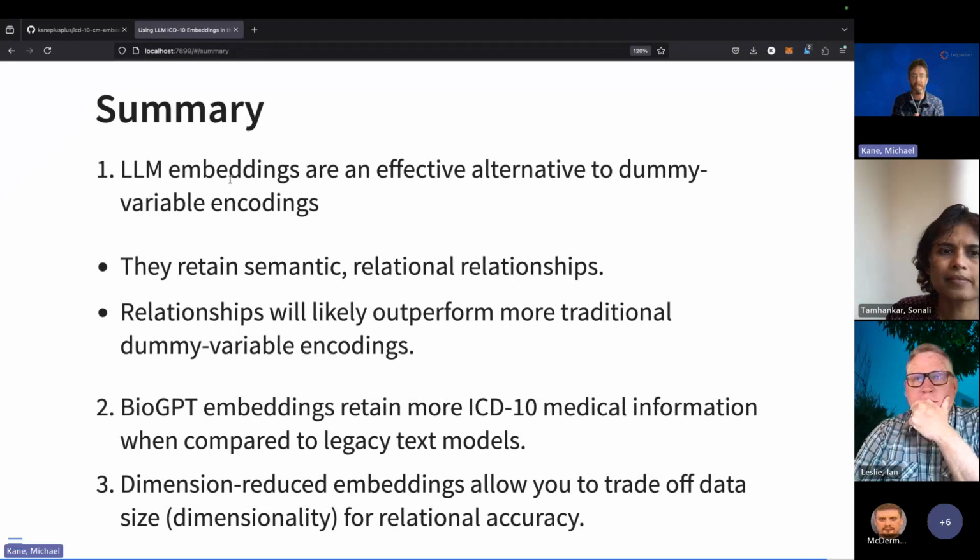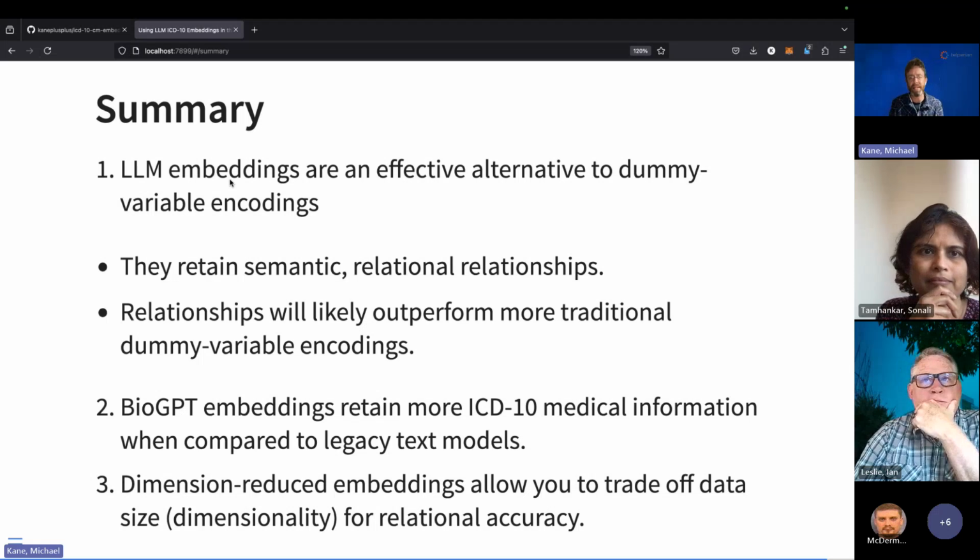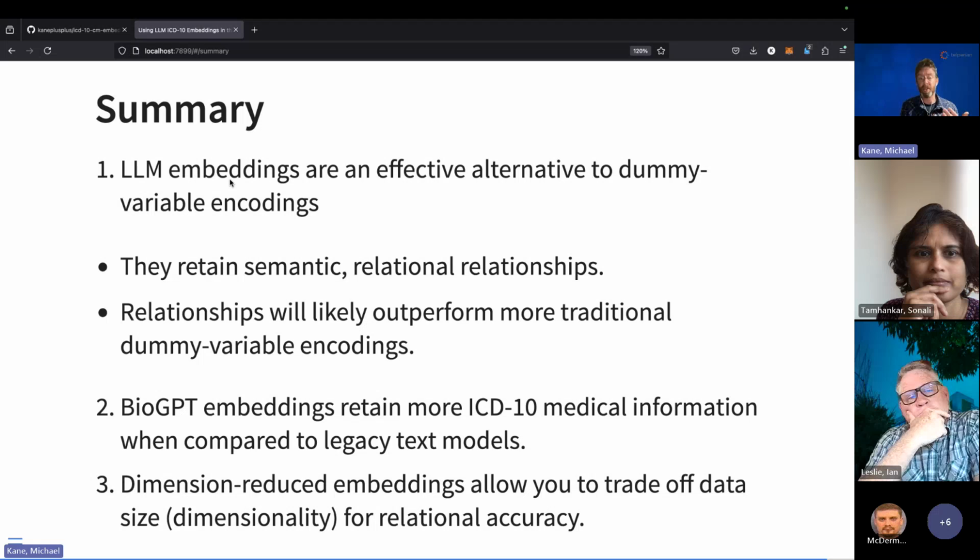So as a summary, the thing we're able to show is that the LLM embeddings are an effective alternative to dummy variable encodings. They're going to retain these semantic relationships, and will likely outperform more traditional dummy variable encodings, especially for these supervised problems.